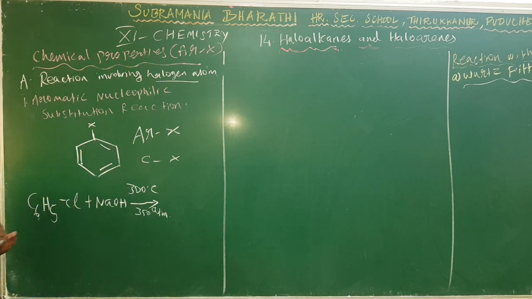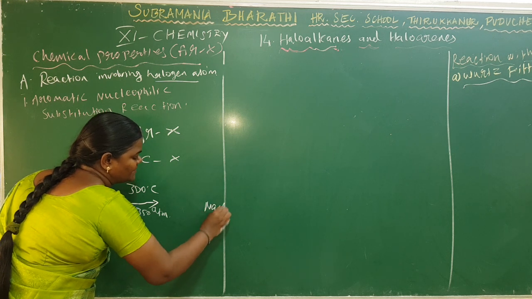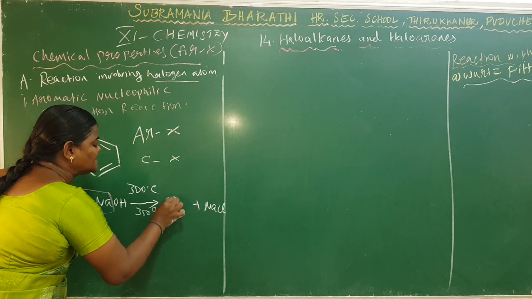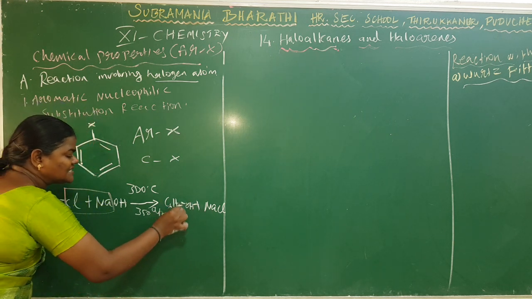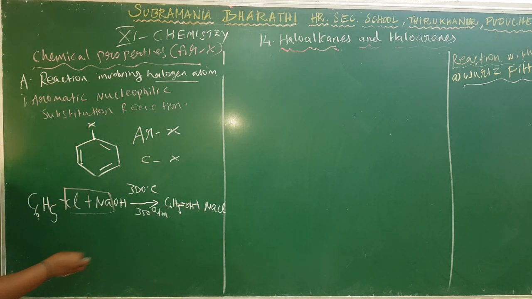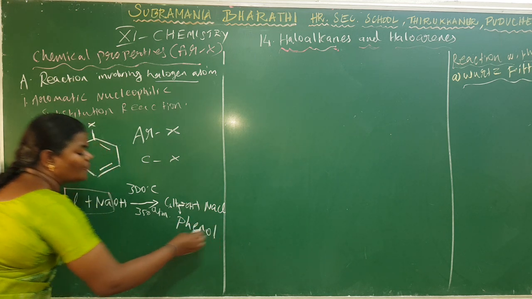Here the sodium directly reacts with the chlorine, replacing it, and sodium chloride, NaCl, is obtained. The remaining part is C6H5OH, the benzene ring directly attached to the OH group. The name of the compound is phenol.